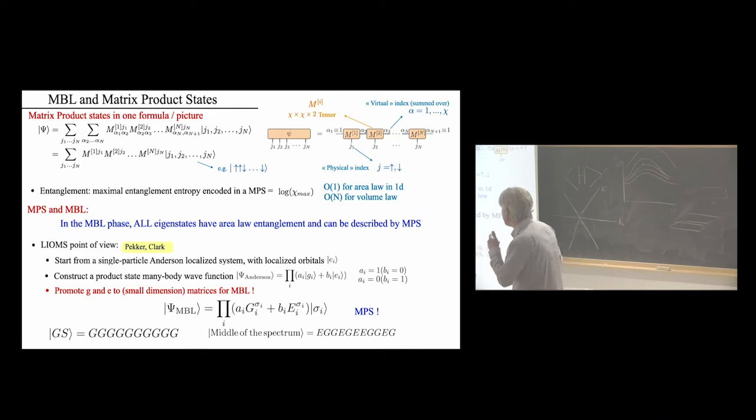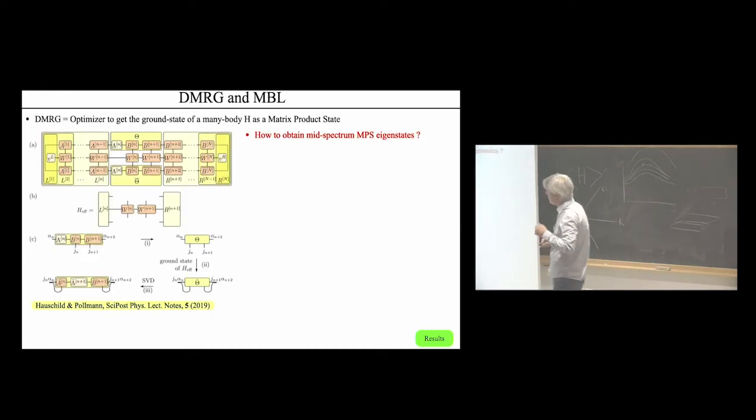The MPS is the many-body version of this ansatz, where you replace these factors by just small-dimension matrices. That's a way to see it. The ground state is a product of G matrices, and a state in the middle of the spectrum would be sometimes E, sometimes G, and so on. That's a picture for why this type of MPS is valid for MBL.